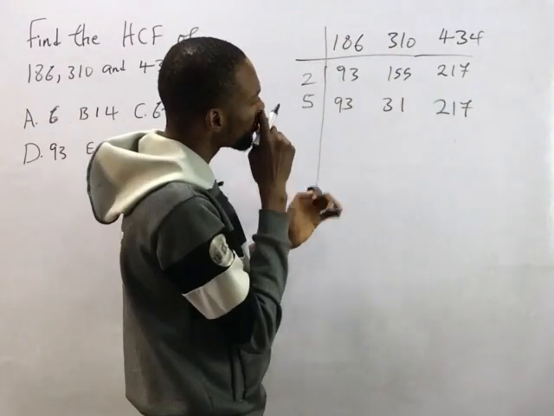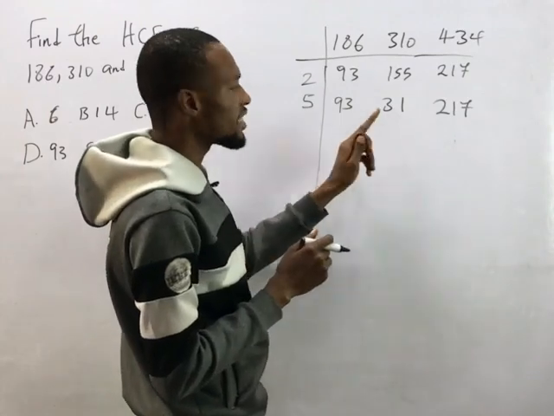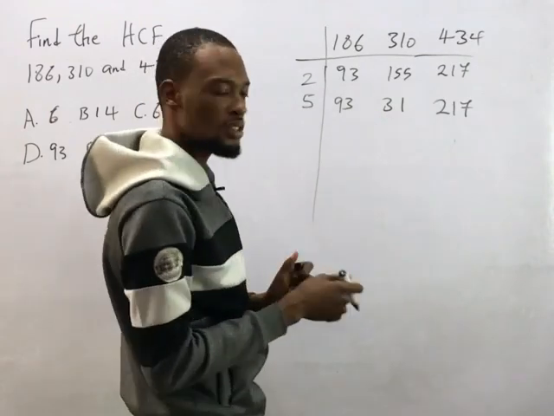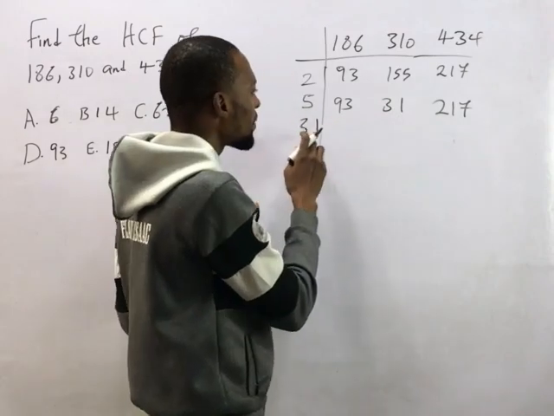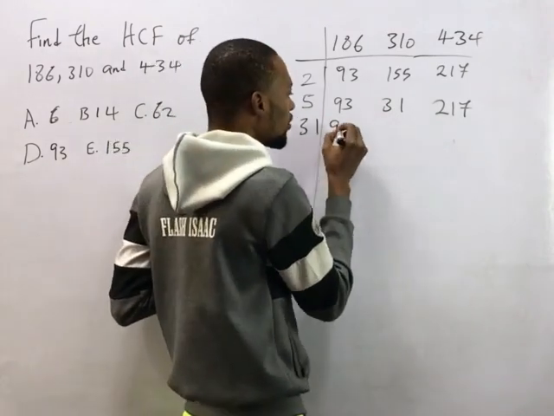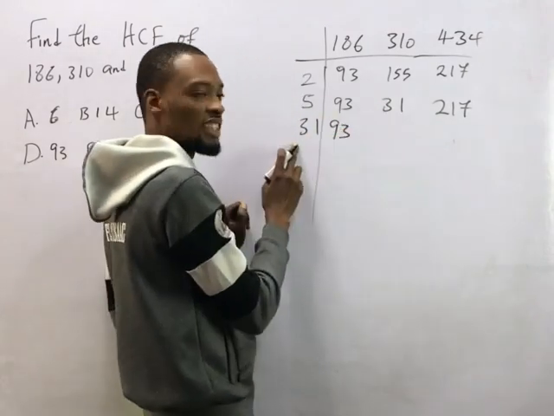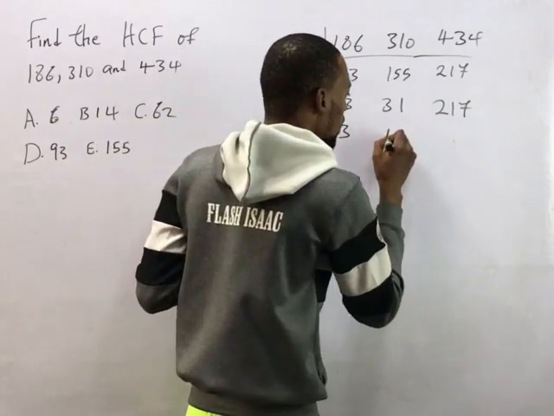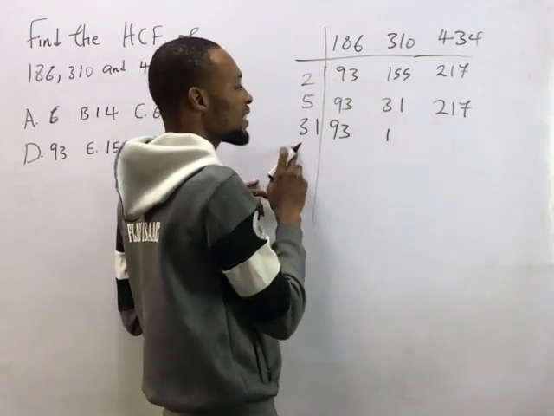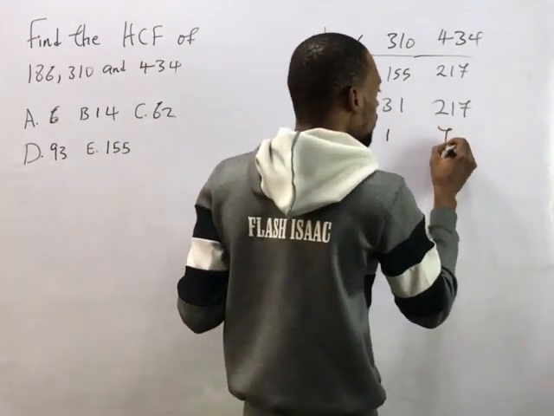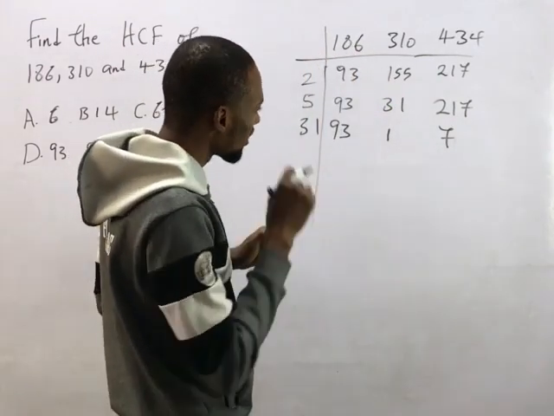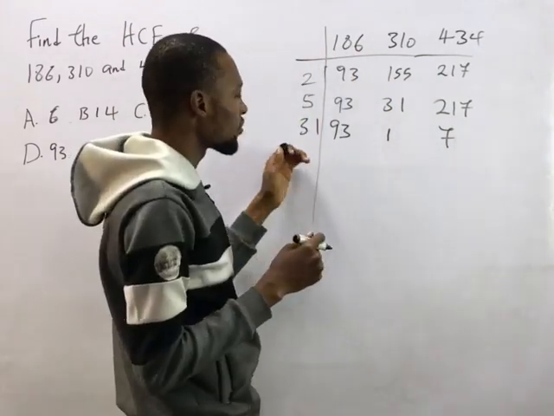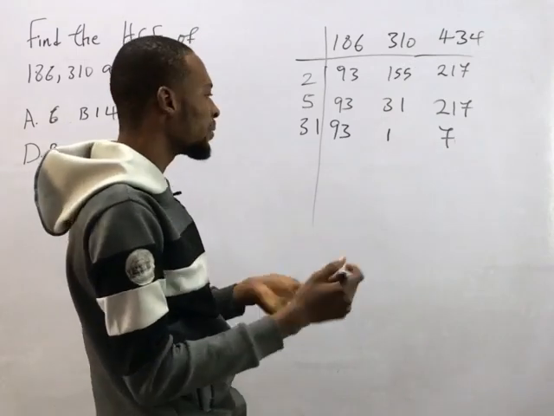So let's see the next small number. 31 can go into these numbers. So if we have 31 here, 93 divided by 31, no. 31 divided by 31 would give you 1. Now 217 divided by 31 would give you 7. So what other numbers can we try? Okay, we can still try 7 going up gradually.